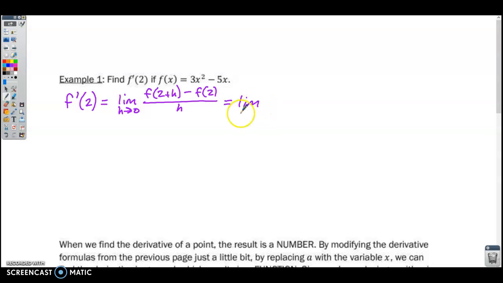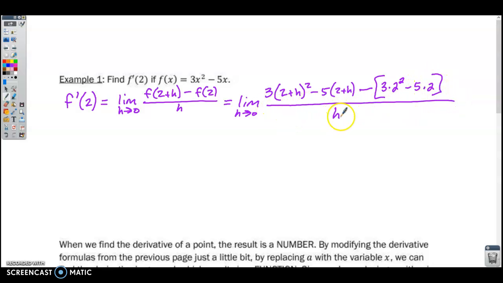It's a lot of algebra and limit taking like we did in the last unit. So we're going to put 2 plus h into the function everywhere where there is an x. And we're going to put 2 into the function everywhere where there is an x. We've got all of that over h. And now we've got some algebra to do.